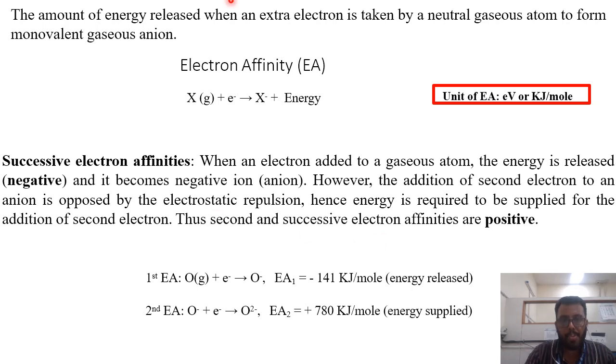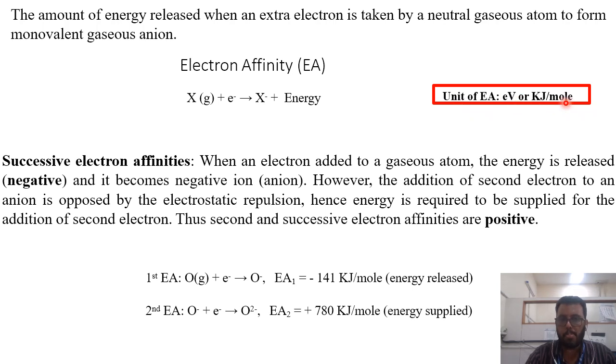So the amount of energy released when an extra electron is taken by a neutral gaseous atom to form a monovalent gaseous anion. So here you are adding an electron and then you are forming an anion and energy will be released. Mostly the unit of electron affinity is denoted in electron volt or kilojoule per mole.